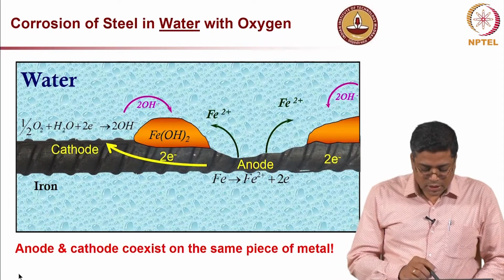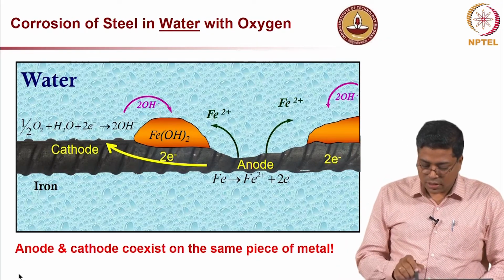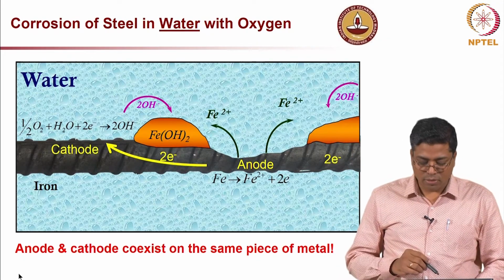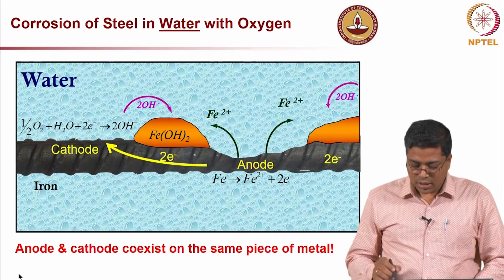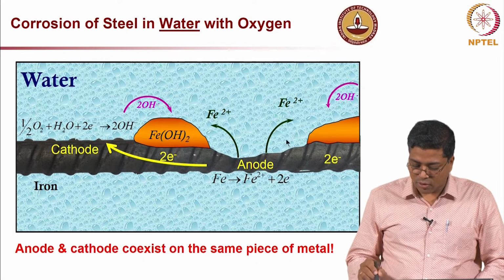Now, this is the same equation which I showed earlier, just showing it in an easier to understand manner. Here you can see at the anode you have corrosion happening.